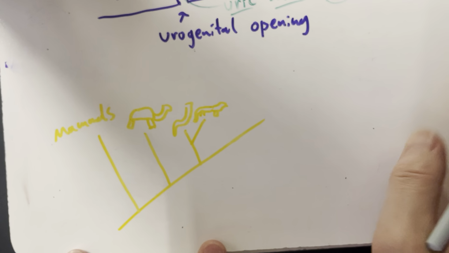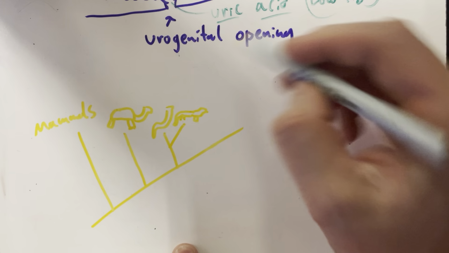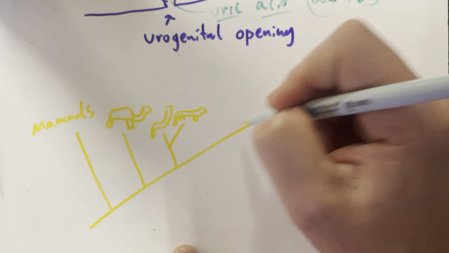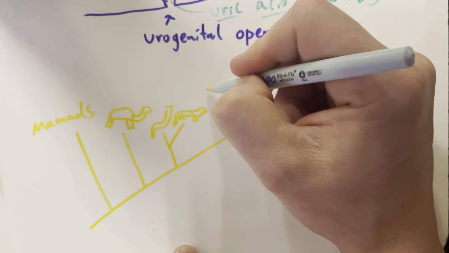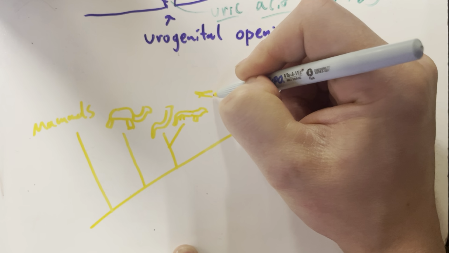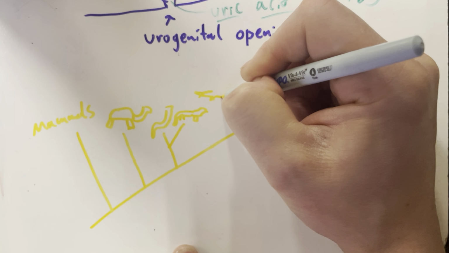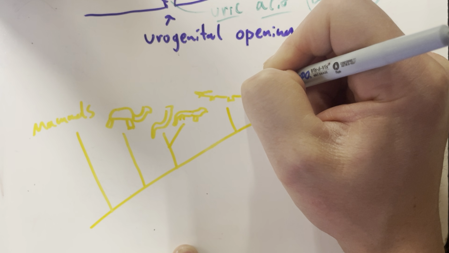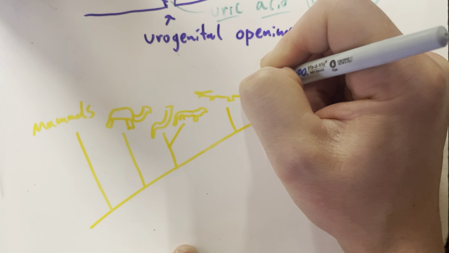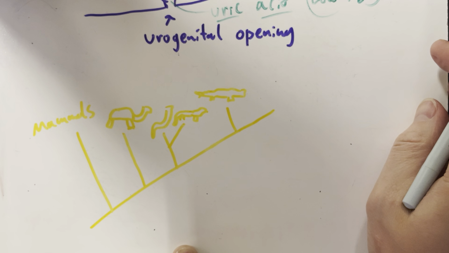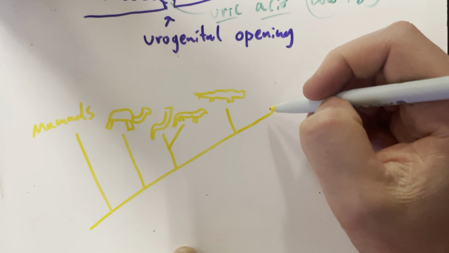Close enough. Anyway, turtles, snakes, lizards. I guess we could throw crocodiles in here too. That's my crocodile. Close enough.